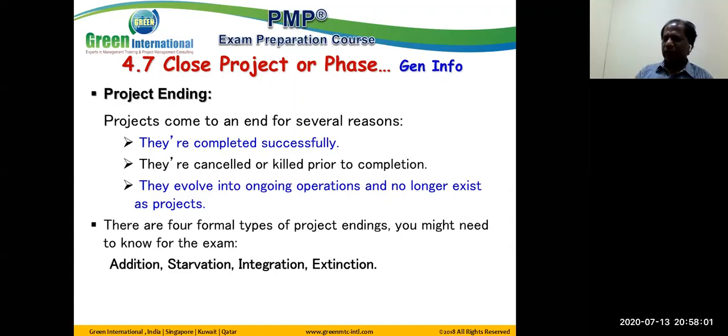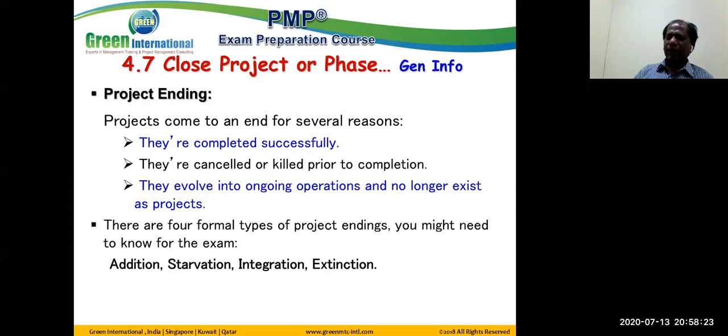This is the second situation. Or the project may evolve into the ongoing operations, and no longer exists as a project. These are the various reasons for projects coming to an ending or closing.